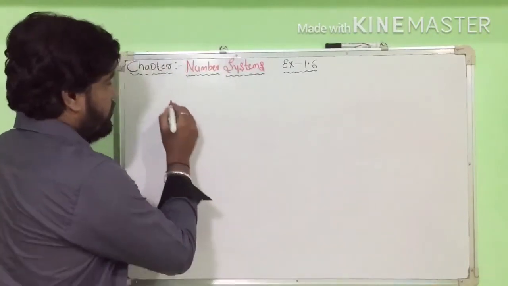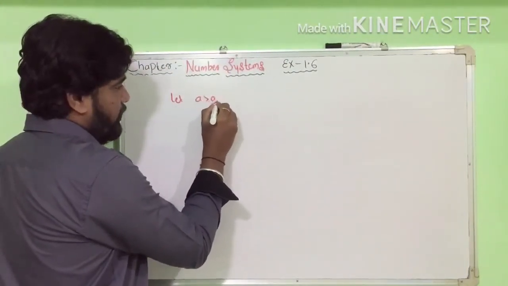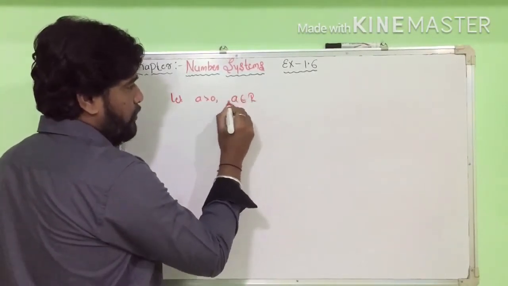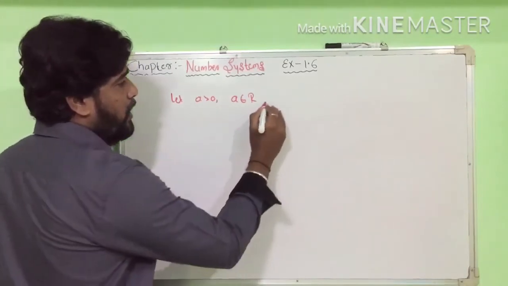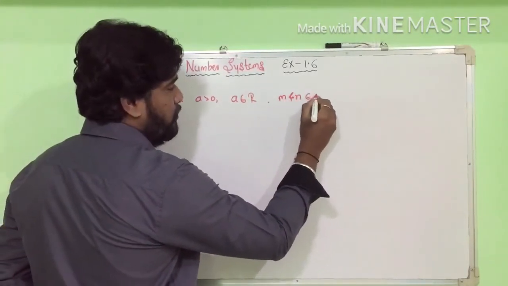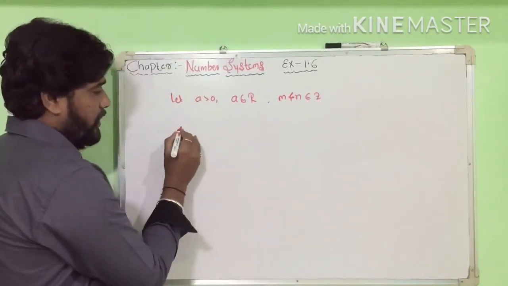So first, let a be greater than 0, a be any real number, and m and n belong to Z, any integer.